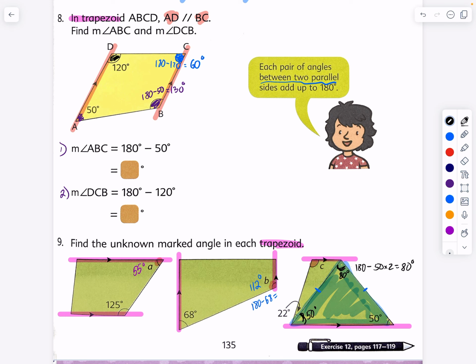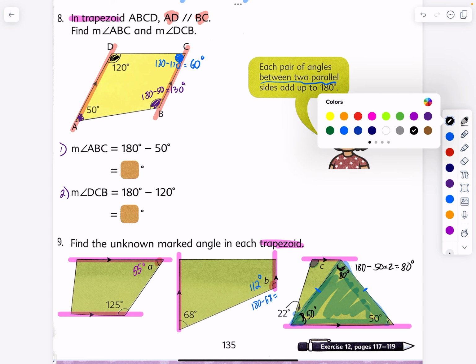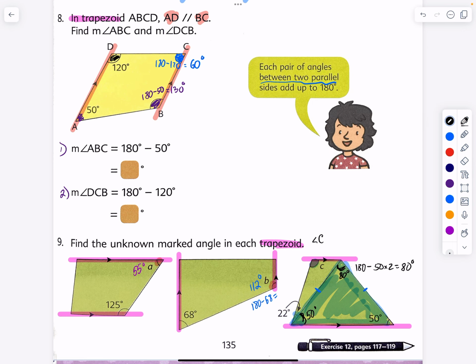Well, how does it help us? Let's think about it. We know that angles between two parallel sides, actually we didn't have to find this. We know that neighboring angles must add up to 180. Therefore, angle C plus 72 degrees equals 180 degrees.